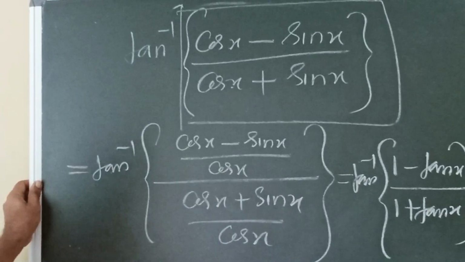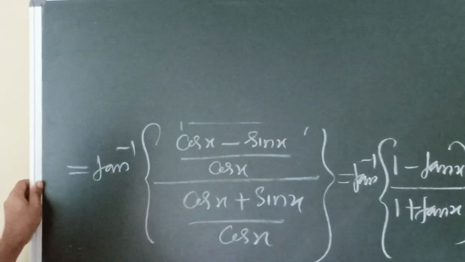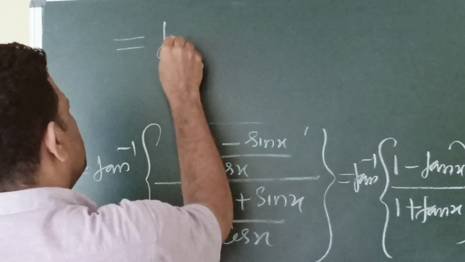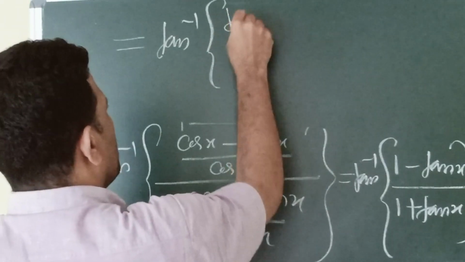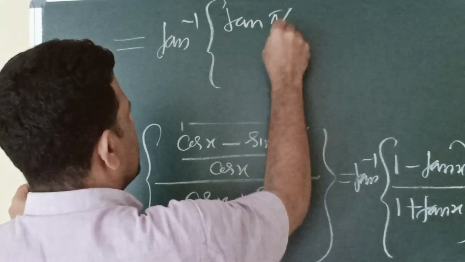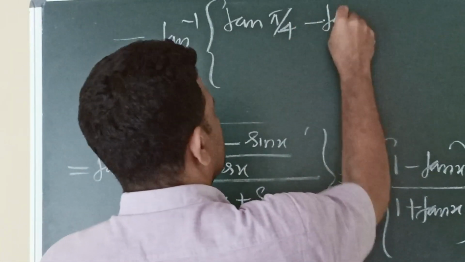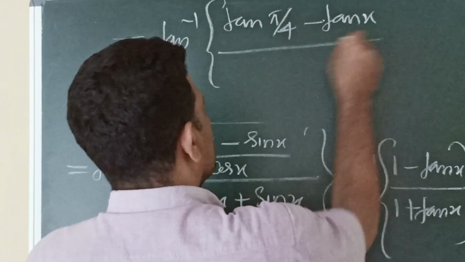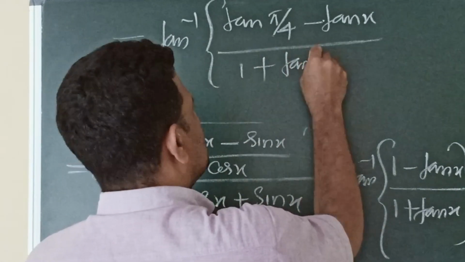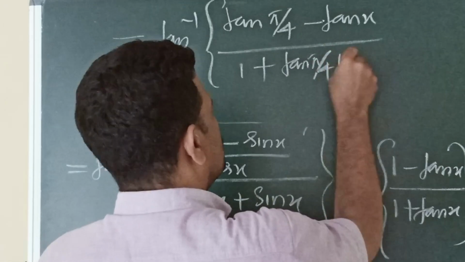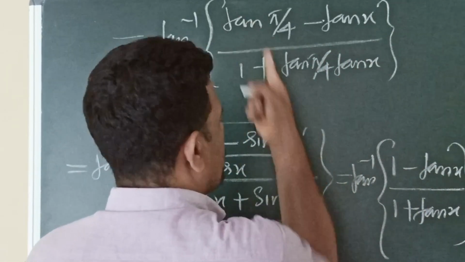Now, this we can write like this. That is tan inverse, 1 means tan pi by 4. Instead of 1 we are writing tan pi by 4 minus tan x divided by 1 plus tan x, where tan pi by 4 means 1 into tan x. That means instead of this 1 I am writing tan pi by 4.